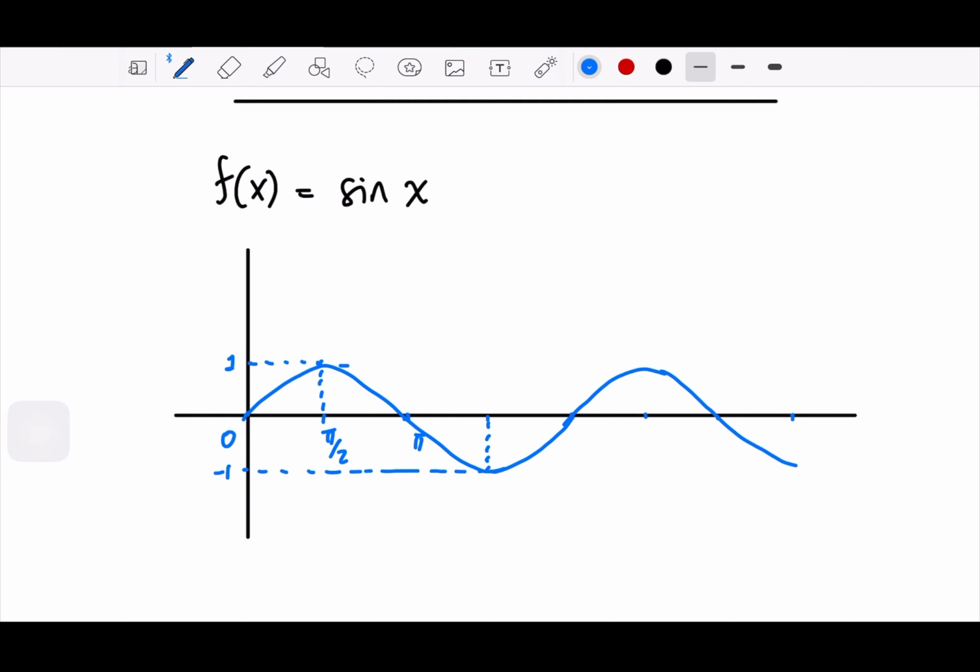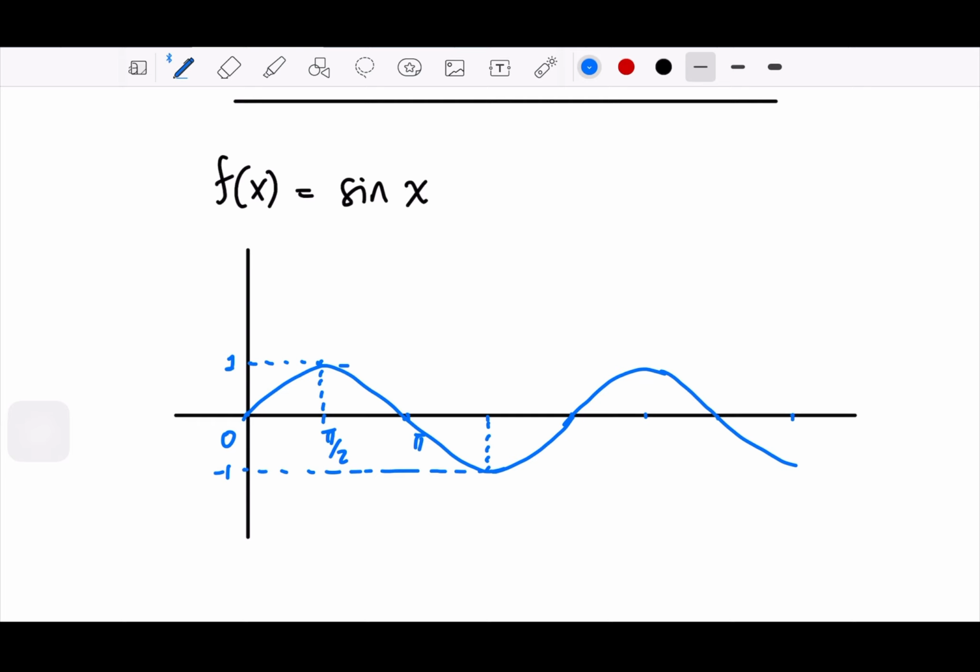If you remember the quadrant behavior of sine and cosine, because if this is sine, then your cosine starts from here, right? It's practically a shift of pi over 2, the difference.